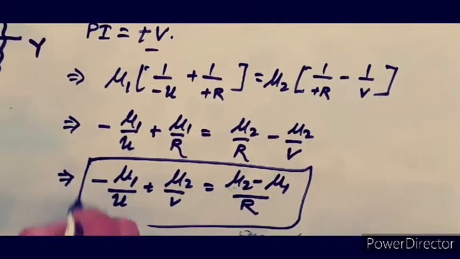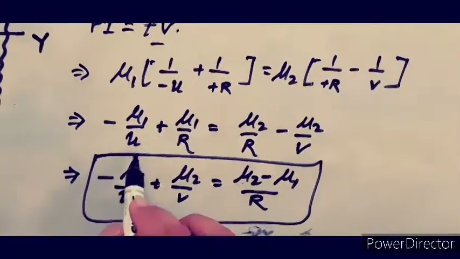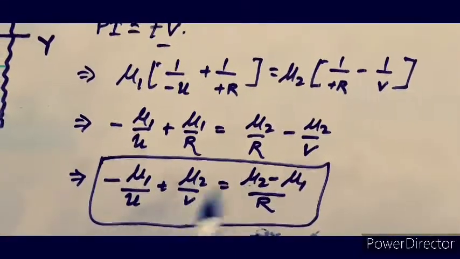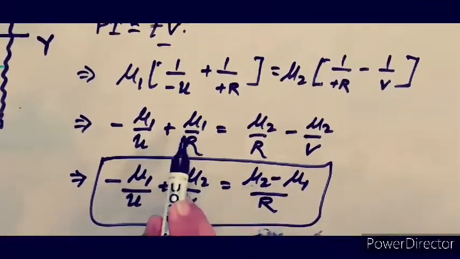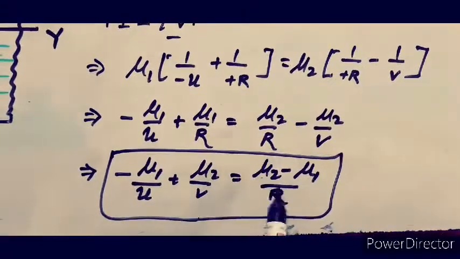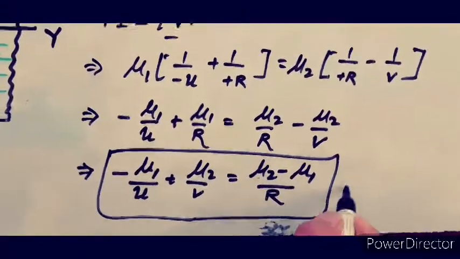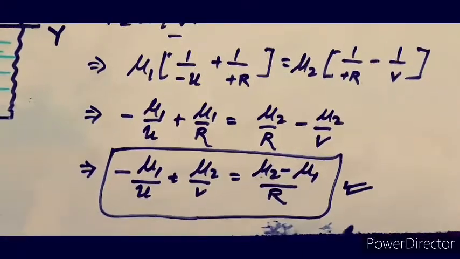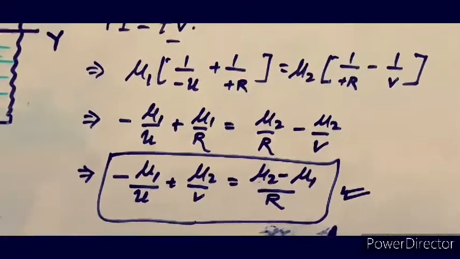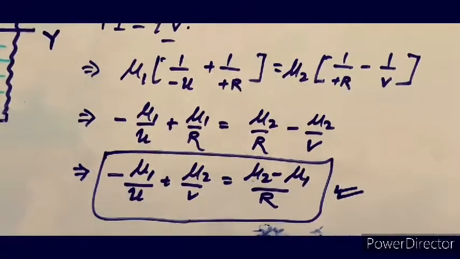Just arrange it: mu1 by u and mu2 by v taken this way, and then on the right hand side mu2 minus mu1 by R. This is the relation which we are seeking. Very important relation. That is for the real image formation.